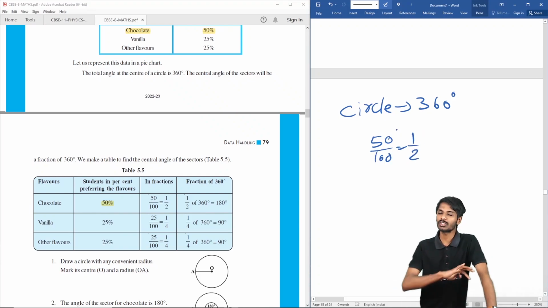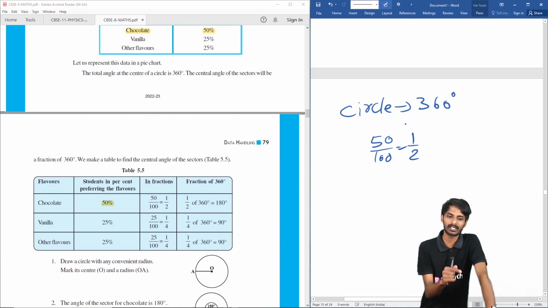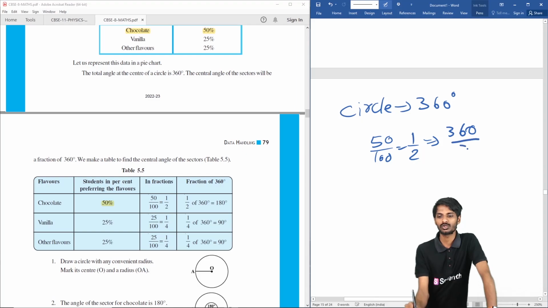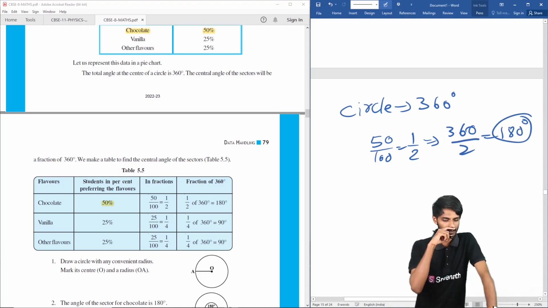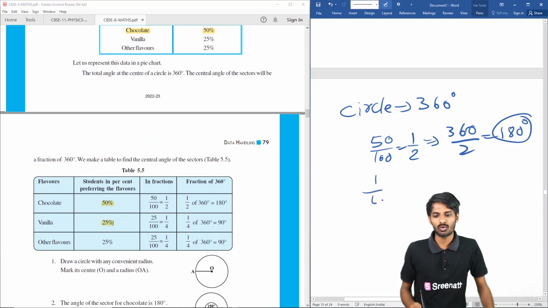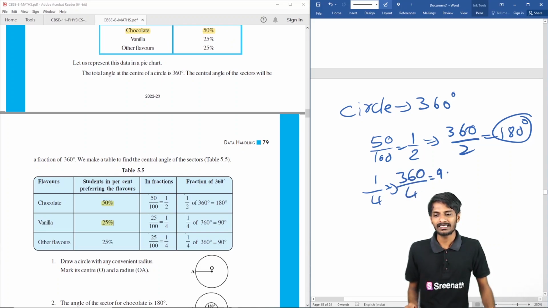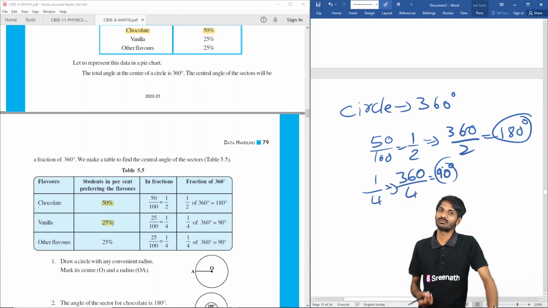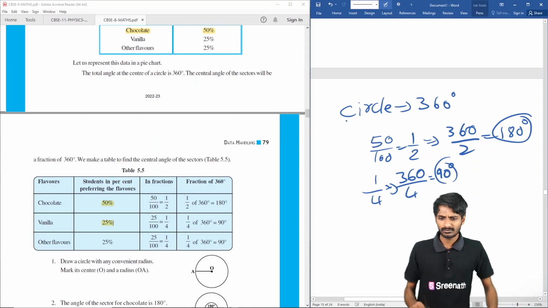So 1 by 2 of the total angle has to be given to chocolate. That is 360 degrees by 2, which is 180 degrees. For vanilla it is 25%, which is 1 by 4, so 360 by 4 is 90 degrees, and another 90 degrees goes to the other flavors.